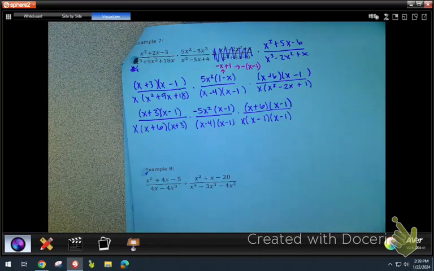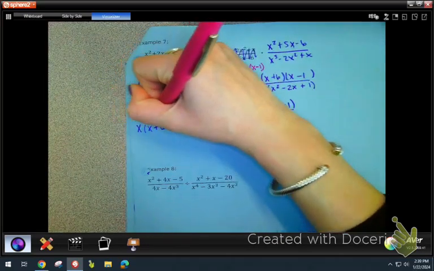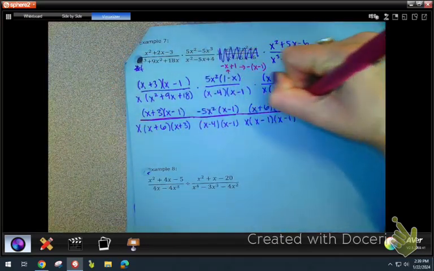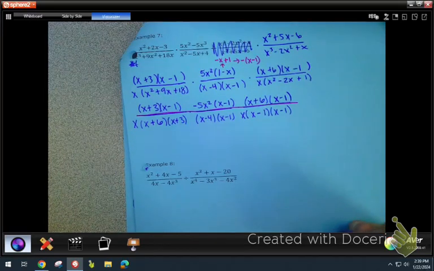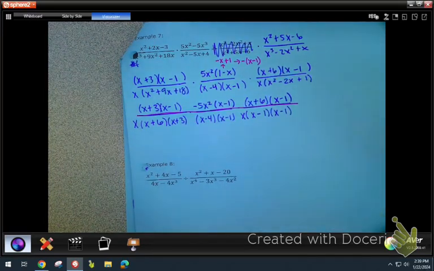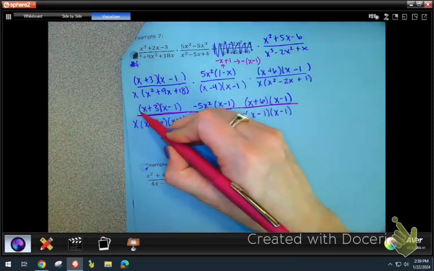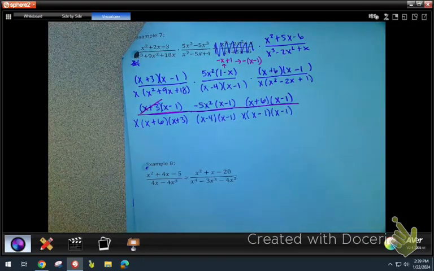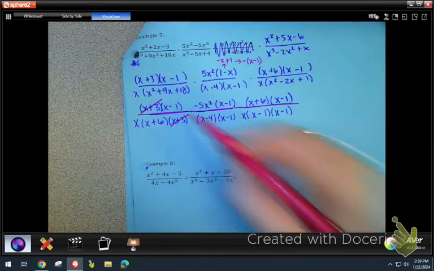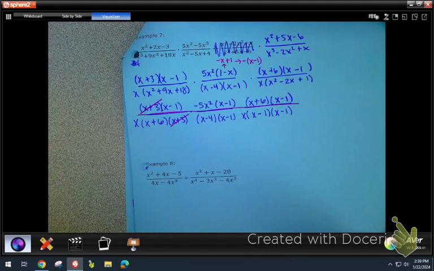Okay? All right, mega fraction. Here we go. Just one piece at a time, you guys. Don't try to do it all in your head. There's absolutely no way you can do this. Okay? All right, x plus 3. Can I take an x plus 3 out on the bottom? All right, that's gone. What about x minus 1?